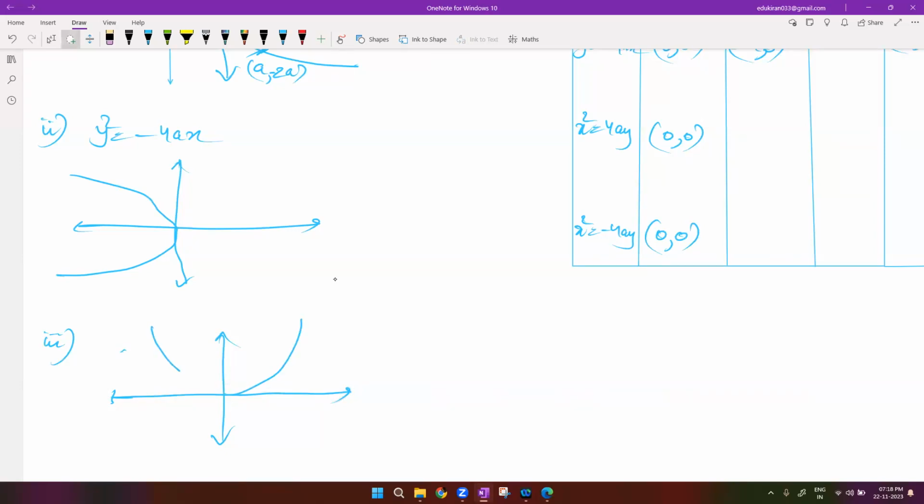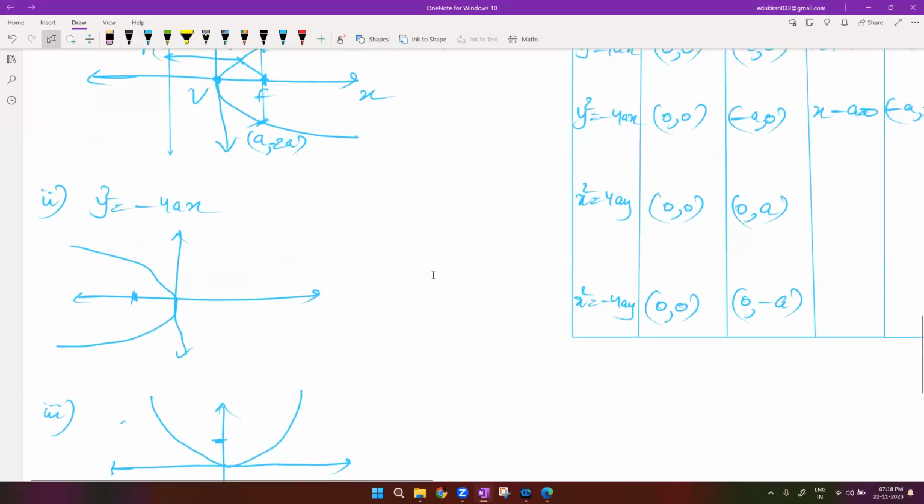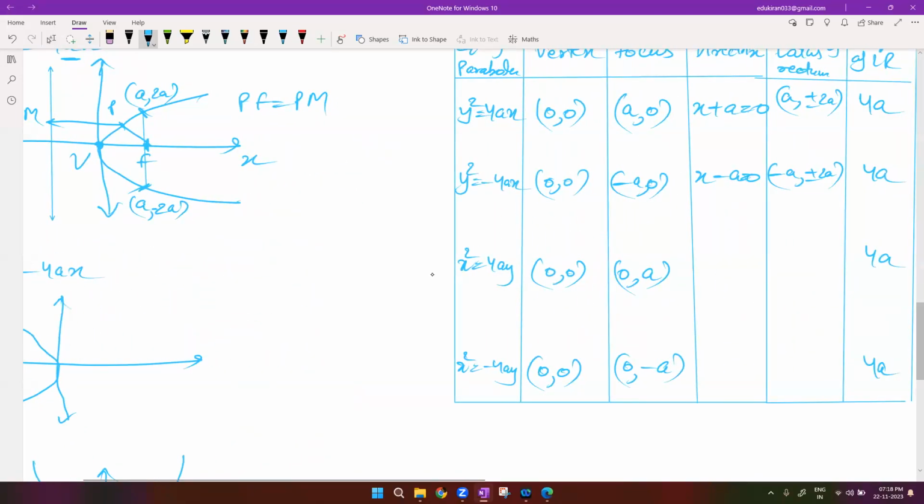So this is x square is equals to 4ay. You can also remember this with the graph of y is equals to x square, which is basically a parabola only. But the focus will be here. We do know how the focus lies with the parabola, right? That will help us find the coordinates of the focus also. This will be the equation y plus a is equals to 0, and this will be y minus a is equals to 0.